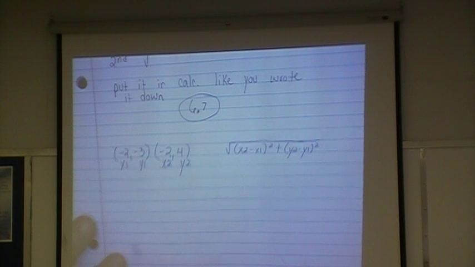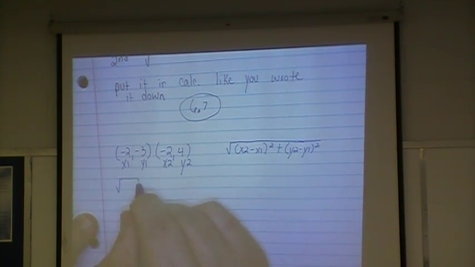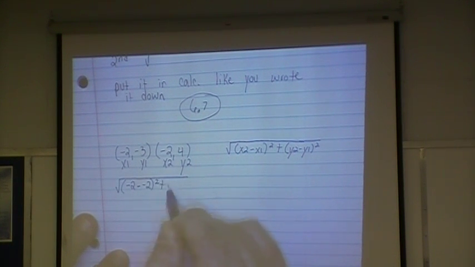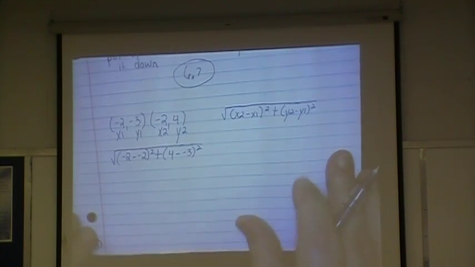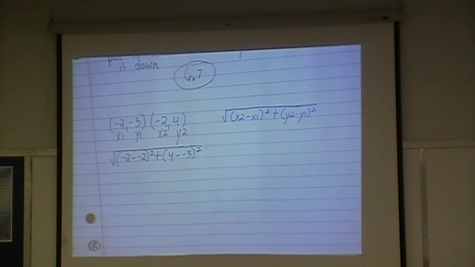So if I'm following my formula, I say x2, which is -2, minus -2 squared plus 4 minus -3 squared. Does everybody understand that?